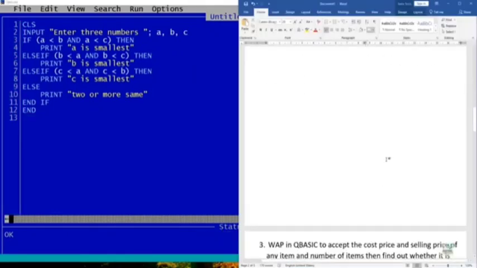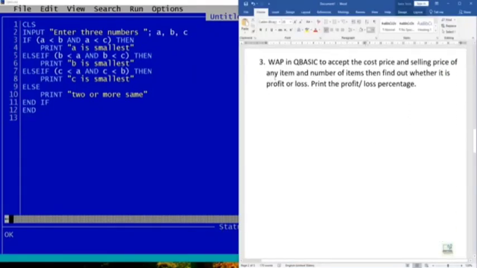Next program is write a program in QBasic to accept the cost price and selling price of any item and number of items. Then find out whether it is profit or loss. Print the profit or loss percentage. Means first you have to take input the cost price and selling price and the number of items.